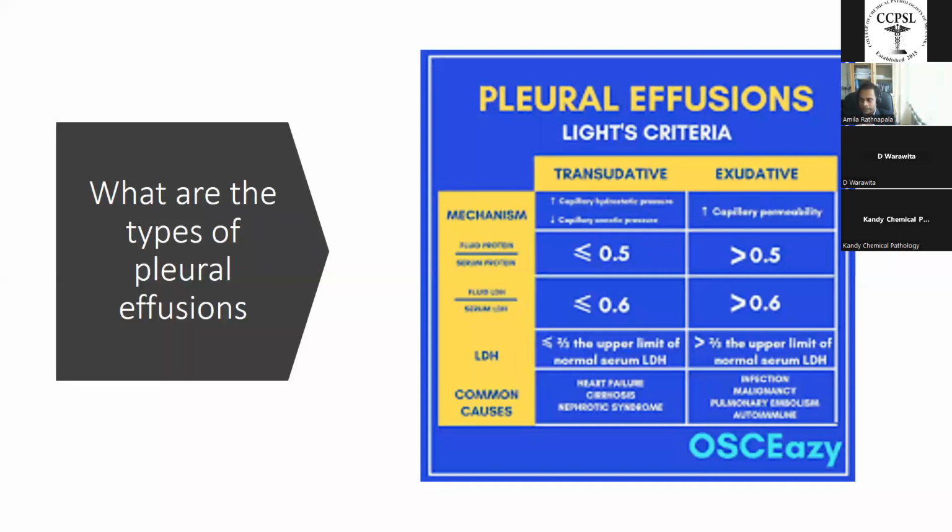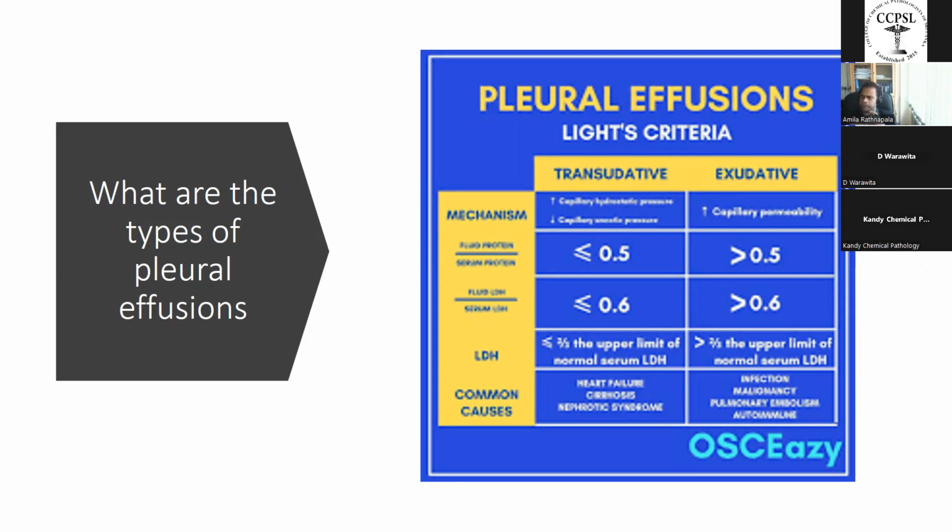Also we use LDH. If the pleural LDH to serum LDH ratio is more than 0.6, that is again suggestive of increased capillary permeability causing an exudative effusion. If it is less than 0.6, we know it's a transudative effusion. And if the pleural fluid LDH is more than two-thirds of the upper limit of the normal serum LDH, that is also suggestive of an exudative effusion.